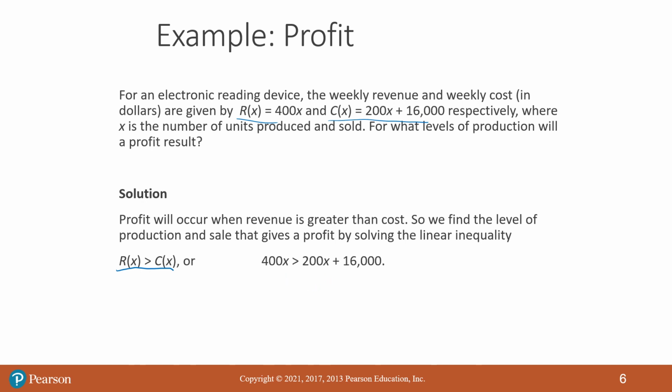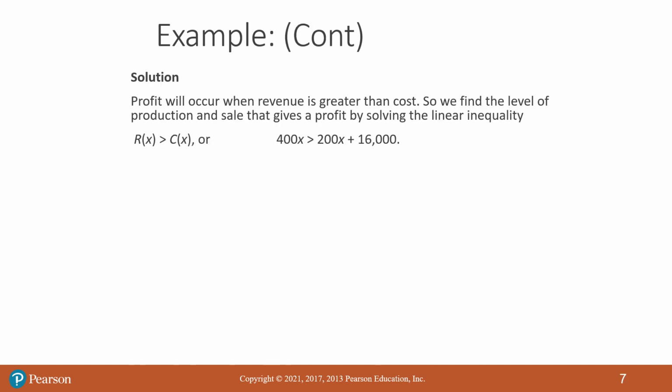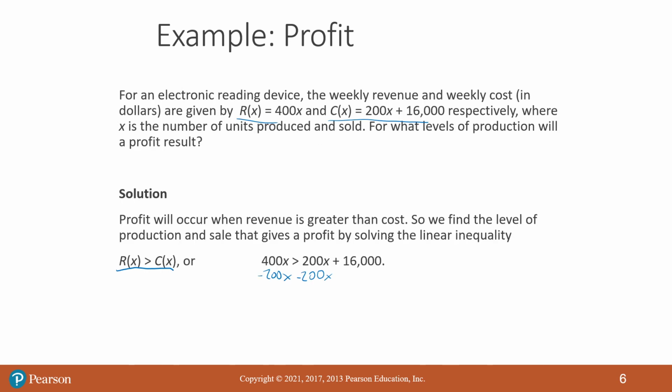Now that we have it in a simple linear inequality here, we can solve for x and come up with our solution set. So I'm going to subtract 200x from both sides. That's going to give me 200x is greater than 16,000.